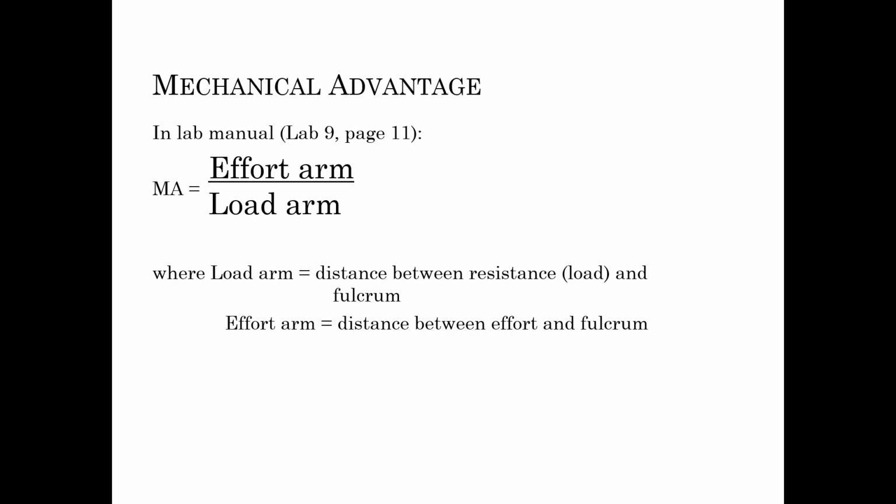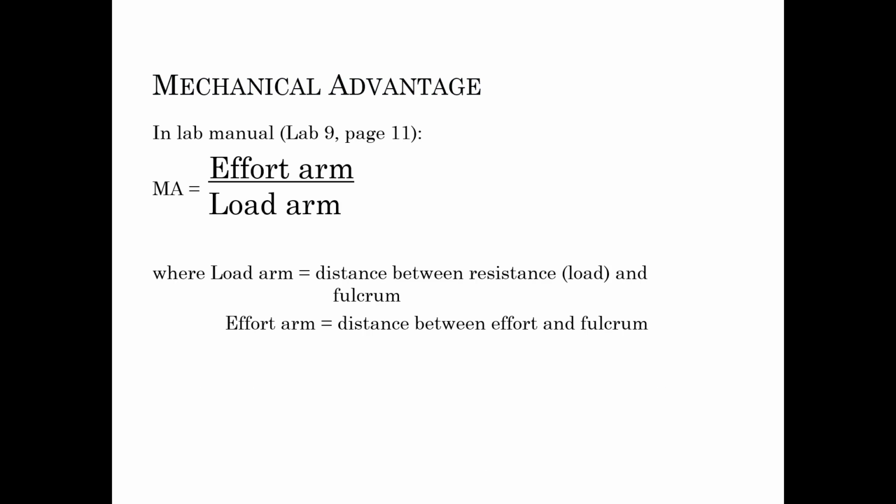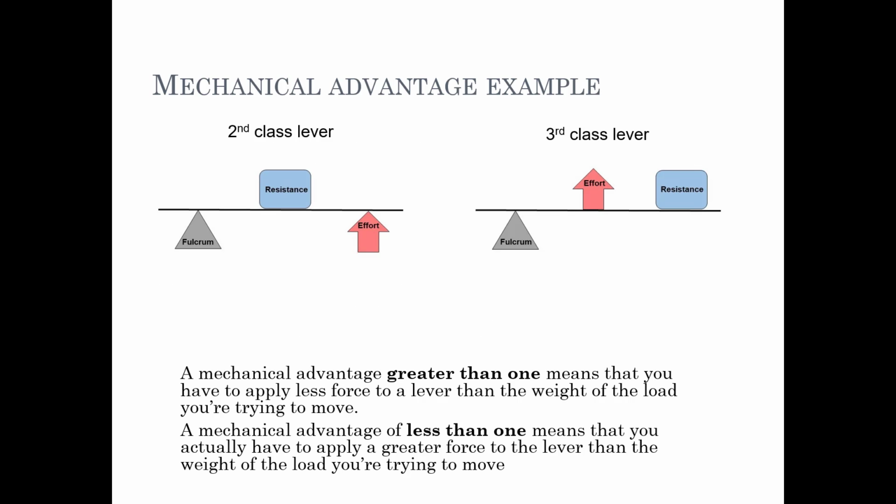Okay, so I'll just give you an example here. If we look at the difference between a second-class lever and a third-class lever, mechanical advantage is effort arm divided by load arm. So if we look at our second-class lever here, effort arm divided by load arm. In this case, we're calling it a resistance instead of a load.